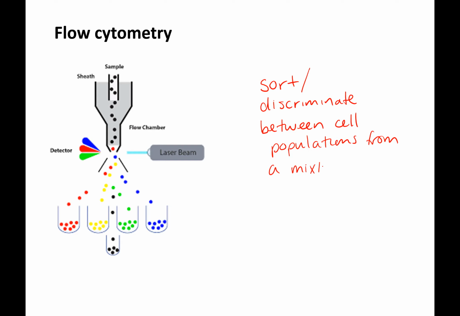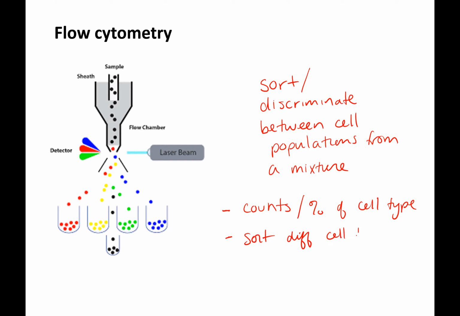So you can have things labeled with different markers, and the flow cytometry machine will read these, and so it can give you kind of counts or percentages of cell types, and it can actually sort different cell types into different containers. So it's a way of kind of segregating things out, and then you can maybe do your experiment on the blue cells and not worry about the green or yellow. So flow cytometry and FACS work like this.